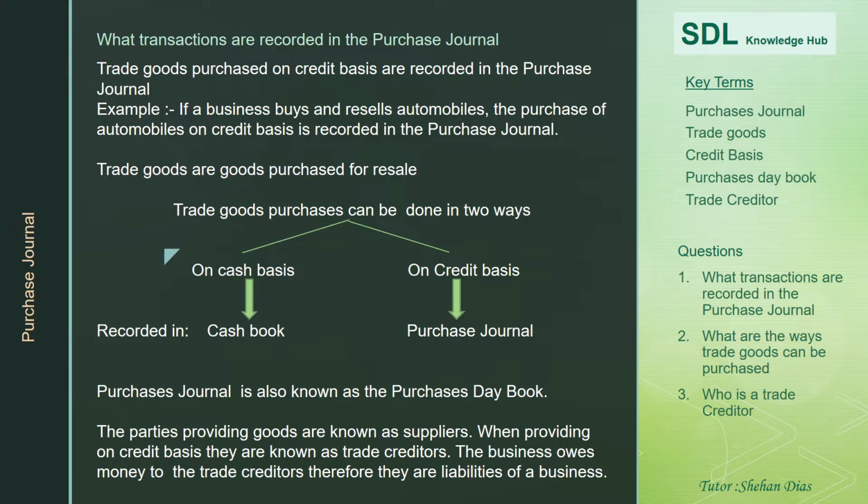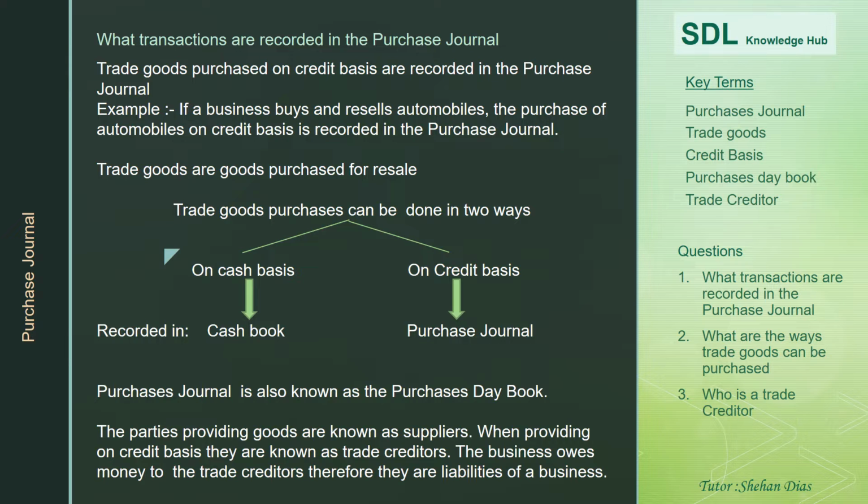So what are trade goods? Goods that are purchased for resale. For example, if a business buys and resells automobiles, the purchase of automobiles, cars and other vehicles on credit basis can be recorded in the purchase journal. Now, trade goods can be purchased in two ways.